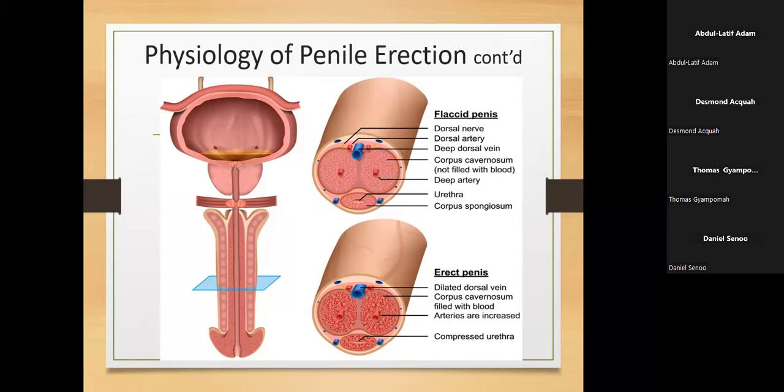Whilst with the erection, the arteries are dilated, allowing more blood to flow in there, and then engorging. And like we said, they impinge on the veins to make the veins smaller, to allow the blood to be retained to cause the erection.